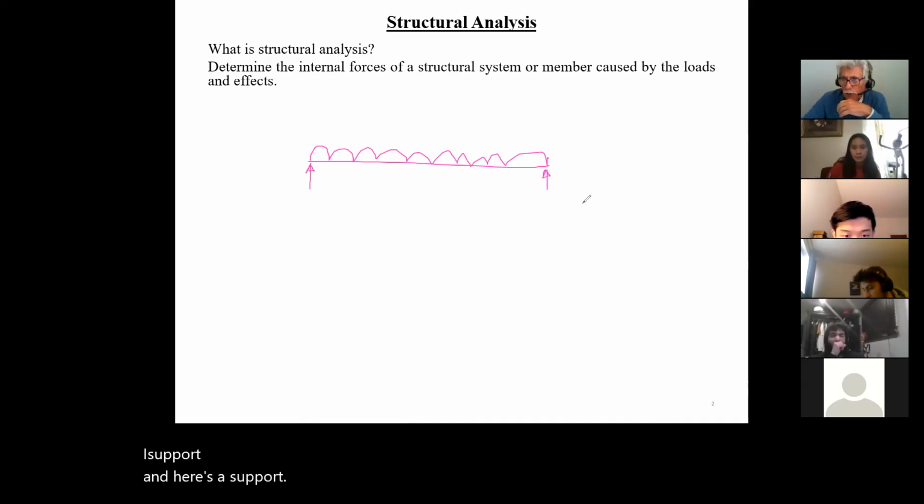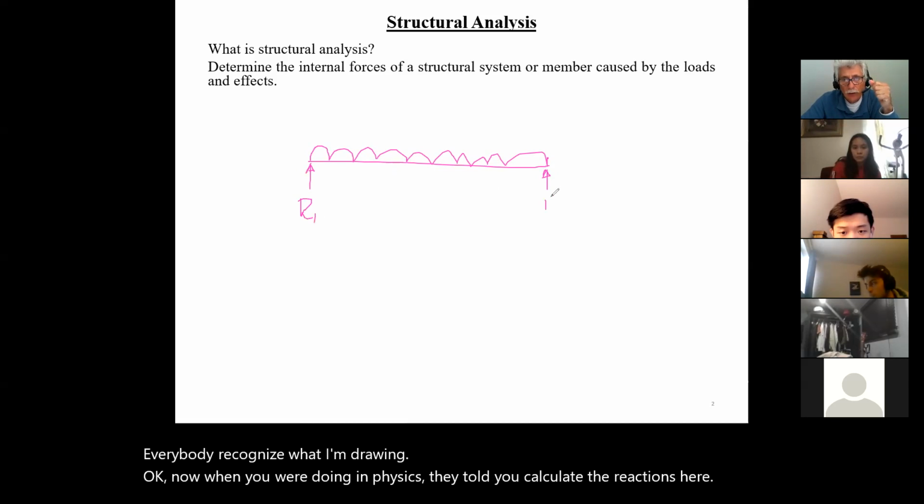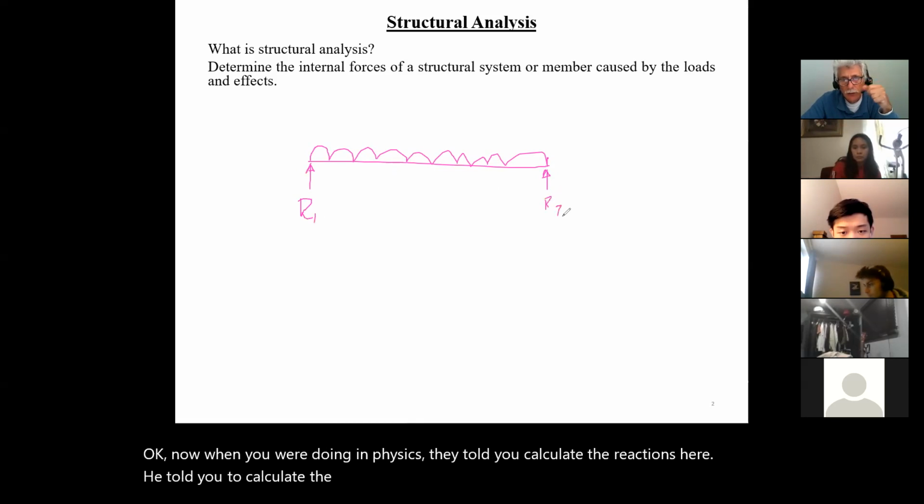Everybody recognize what I'm drawing? Okay. Now, when you were doing this in physics, they told you, well, calculate the reactions here. They told you to calculate the reactions. That's what you did, right? So you calculated the reactions.